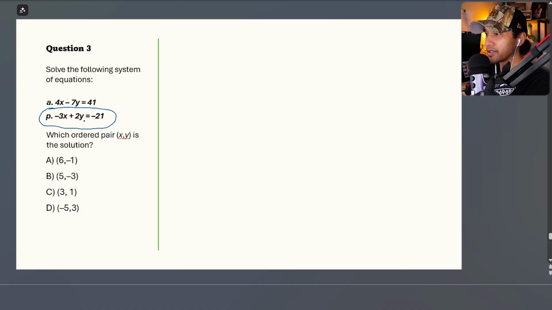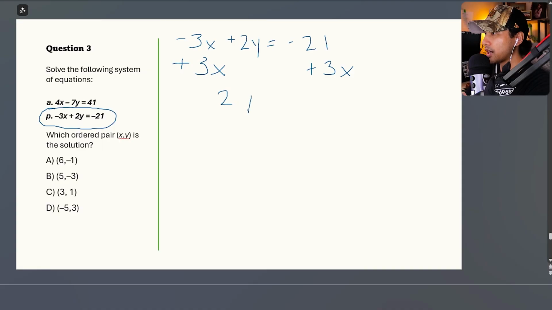Negative 3x plus 2y equals negative 21. What I'm going to do here is rewrite this in terms of y. So we have negative 3x plus 2y equals negative 21. I'm going to add 3x, and then we get 2y equals 3x minus 21.